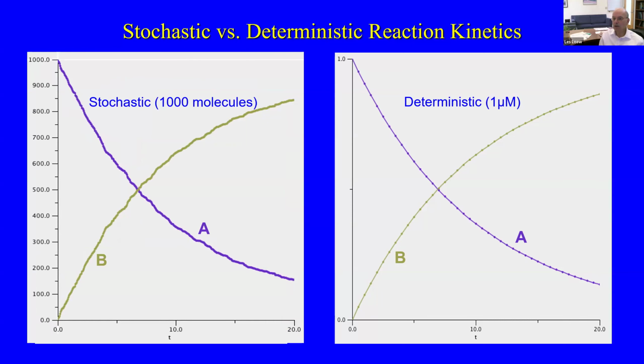The more molecules you have, the smoother the stochastic solution will be, and the more it will converge to the deterministic solution. Now, depending on the model, that isn't necessarily always going to be true, but for simple models, that's generally true.